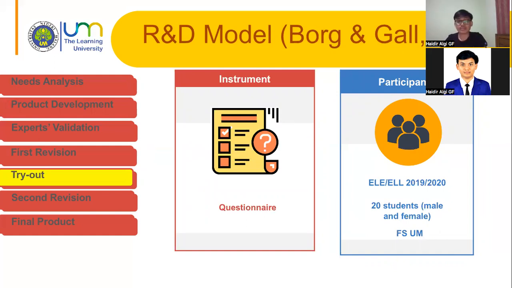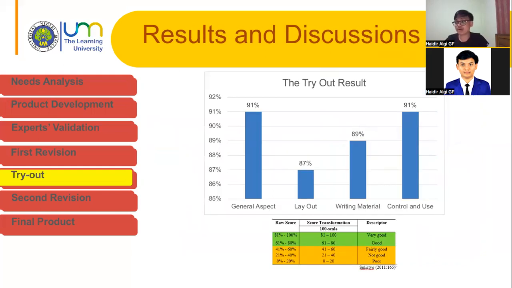That's why I just need to change the skill into writing. But the criteria and the assessment of this questionnaire are basically the same. There are four aspects of assessment: general aspect, layout, writing material, and content use.